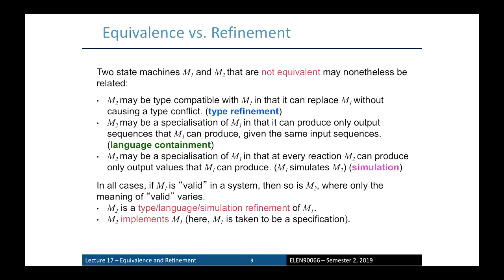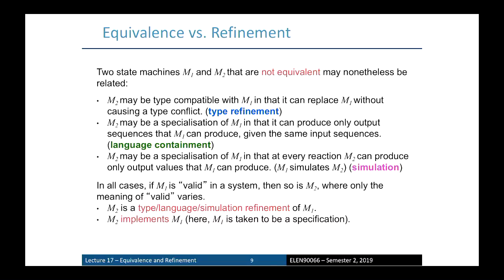And we call that language containment. We'll go into more detail about that in a minute. And lastly, simulation is that M2 is a specialisation of machine M1, in that at every action, M2 can produce only output values that M1 can produce. And we say in this case that M1 simulates M2.